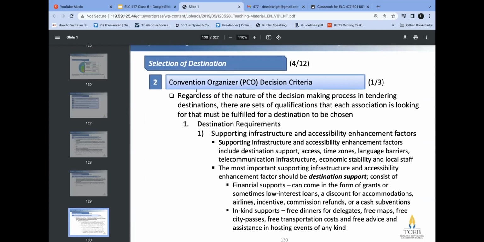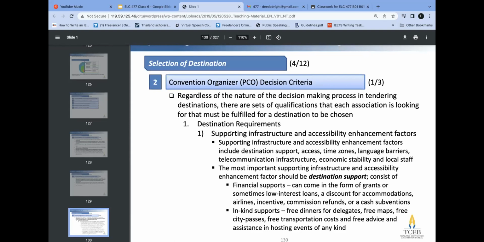Okay, so convention organizer PCO decision making here. Decision criteria factors, right? According to this, we can see the nature of the decision-making process in tendering a destination. There is a set of qualifications in each association.